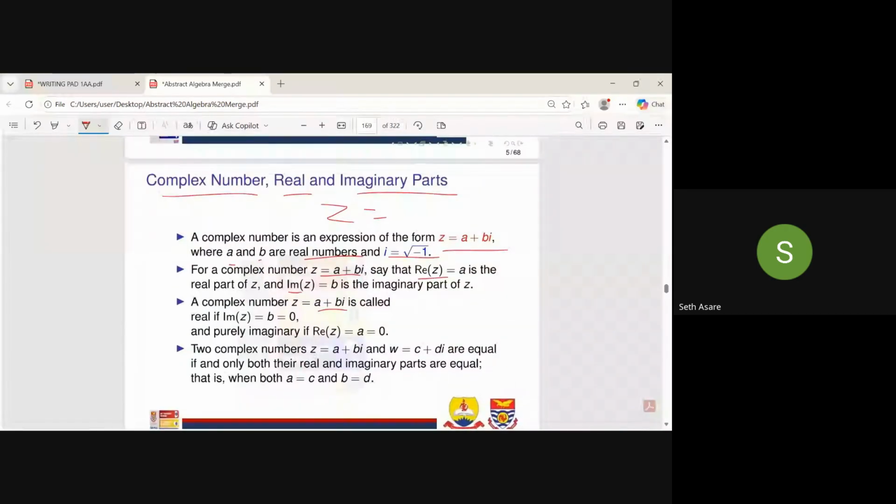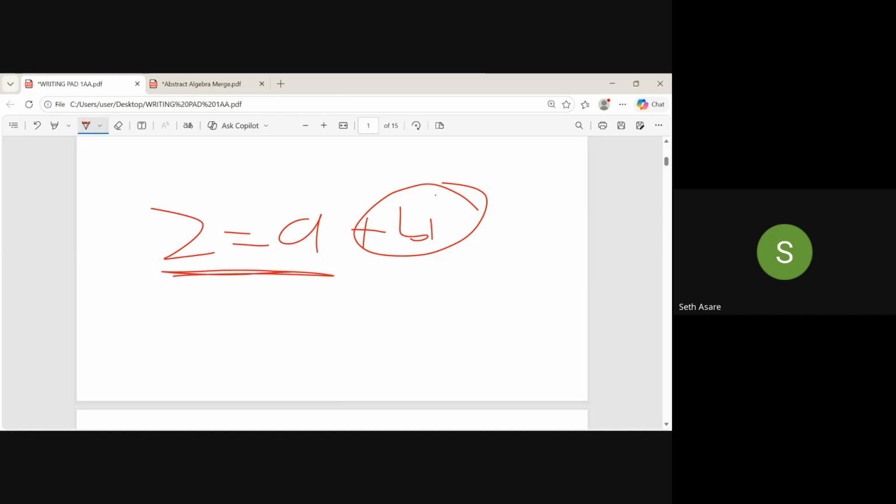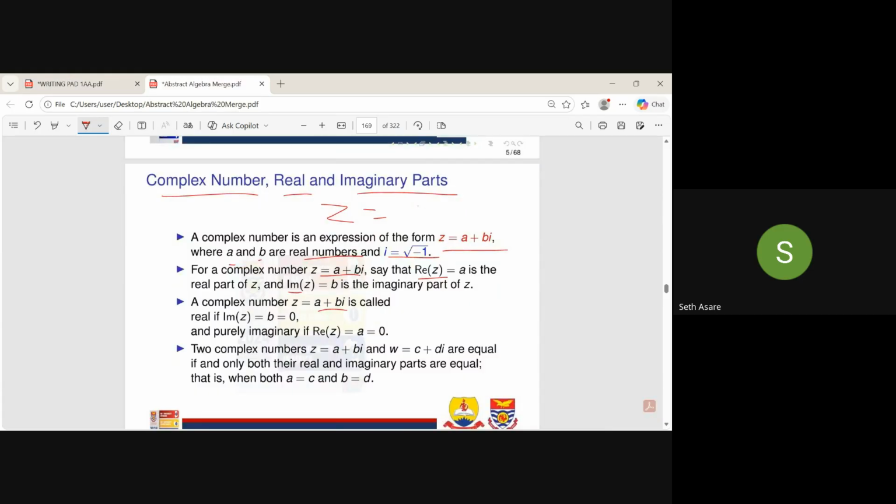So I can have a complex number like z is equal to a, with the bi part not there. Then the complex number will be only real. So we say it is called real when the imaginary part is 0. We can also have a pure imaginary complex number, where the real part is also 0.